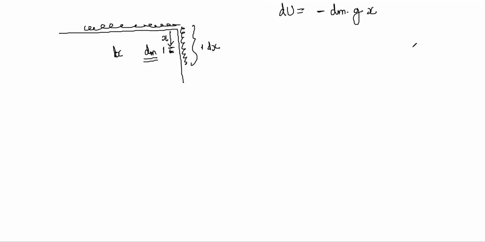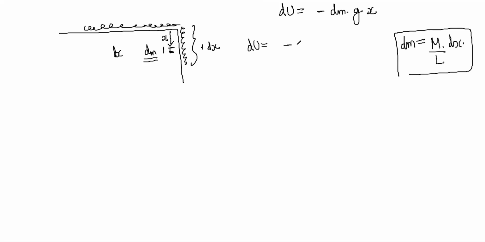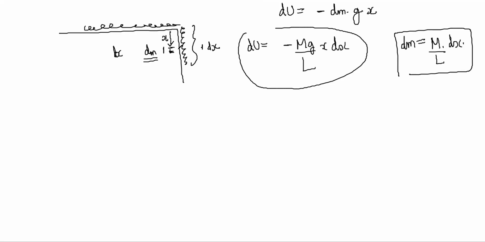And we know how to write dm in terms of dx, because dm will be equal to capital M by L into dx, right? Mass per unit length into its length. So you'll have dU is equal to minus capital M g by L x dx, right? This is the potential energy of my tiny element. However, what we have to do is add up the potential energies of all such elements, right?